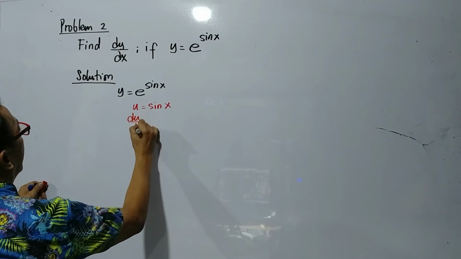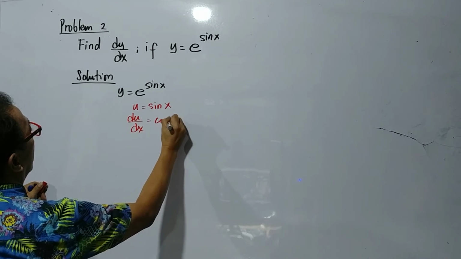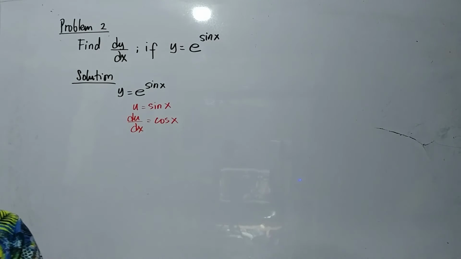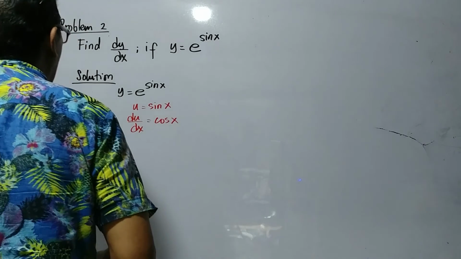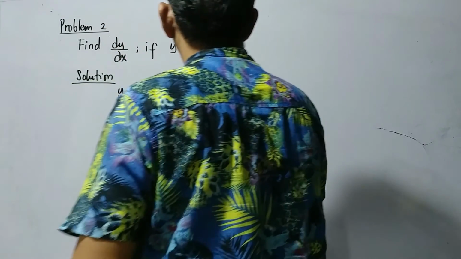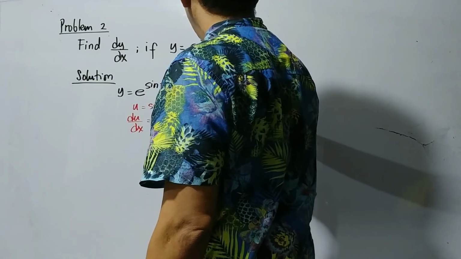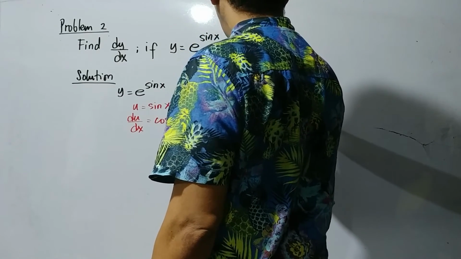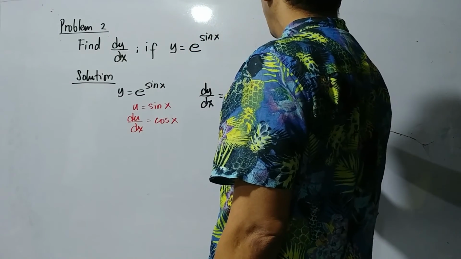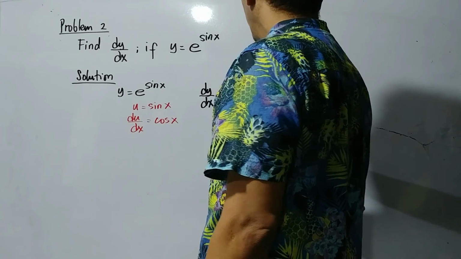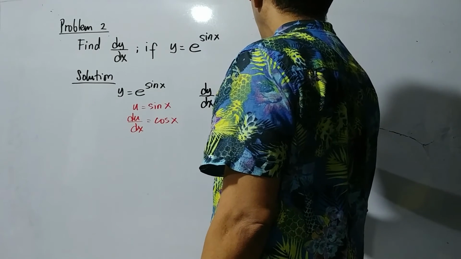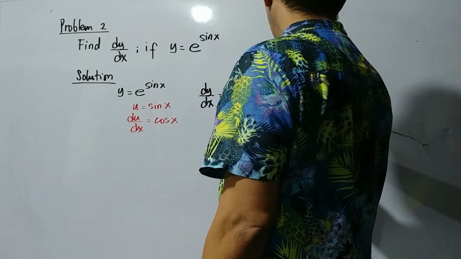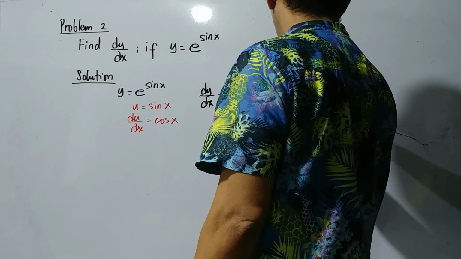Our du dx is cosine x. So applying now our formula, dy dx is equal to e to the sine x times cosine x. So we have now cosine x times e to the sine x.